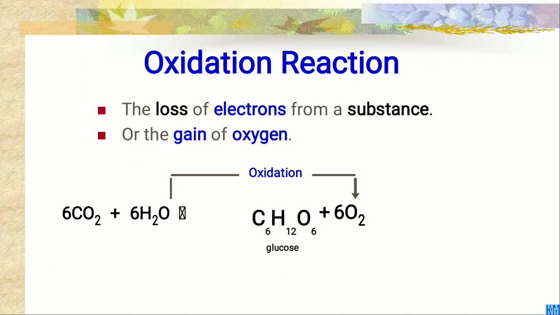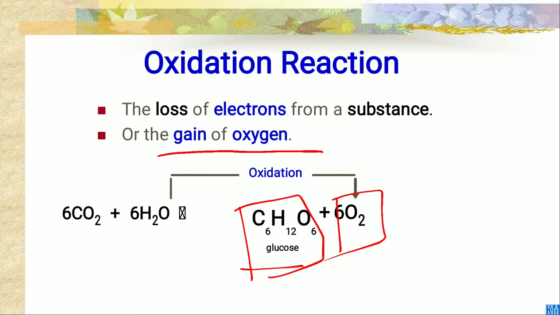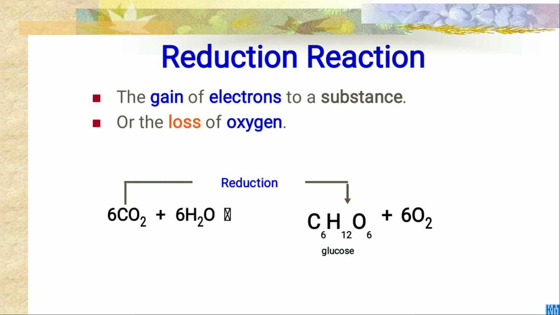Then what does oxidation mean? The loss of electrons from a substance is called the oxidation reaction, in which oxygen is gained. The reduction reaction is the gain of electrons by the substance, which means the loss of oxygen.